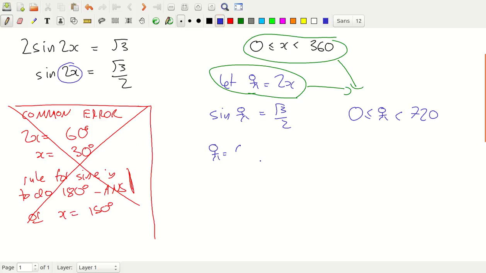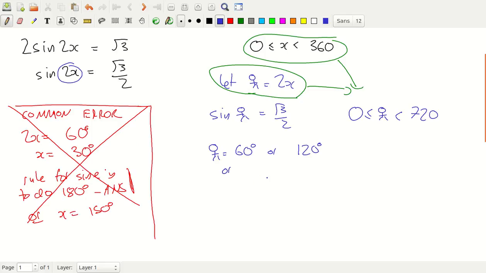Stickman equals 60, and now I can use my rule, 180 minus answer, that comes from considering the graph or considering the circle, or 120 degrees. But I now haven't found all of the solutions in the range, because stickman can go from 0 to 720, and I always have the rule I can add 360, that's a full turn, to any solution.